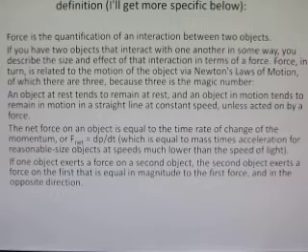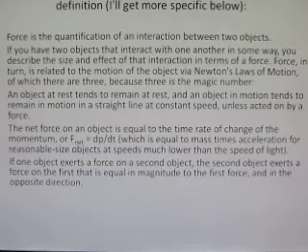Force, in turn, is related to the motion of the object via Newton's laws of motion, of which there are three, because 3 is the magic number, and 3 is also my favorite number. An object at rest tends to remain at rest, and an object in motion tends to remain in motion in a straight line at constant speed, unless acted on by a force.